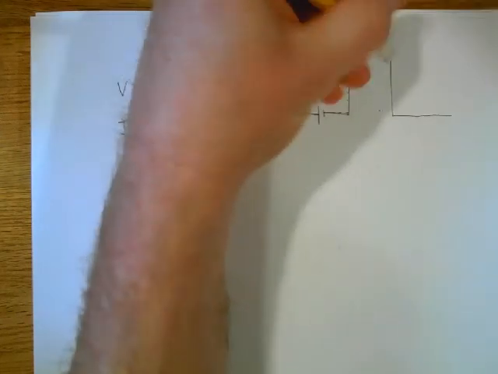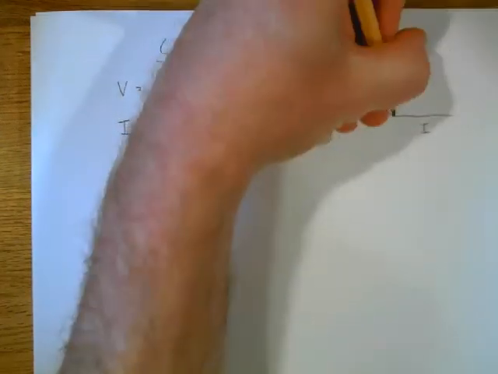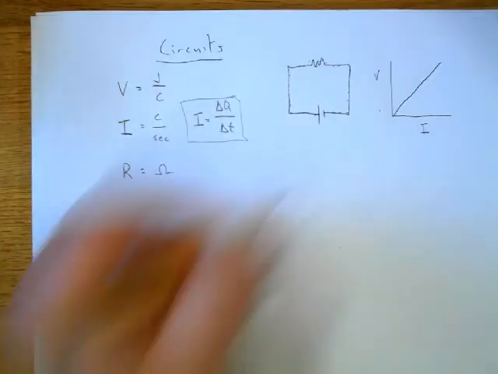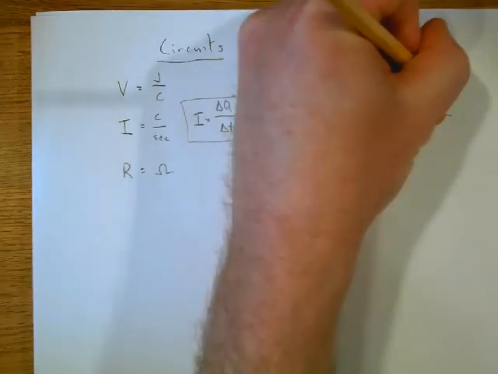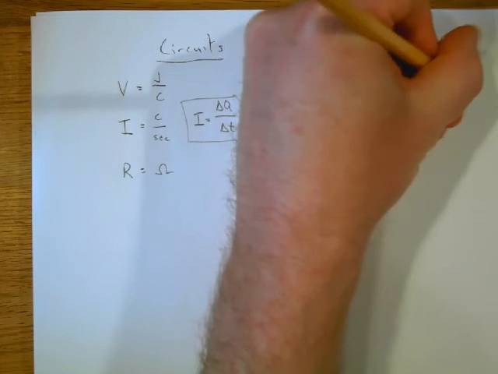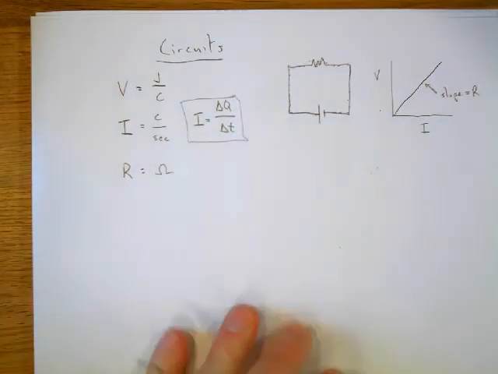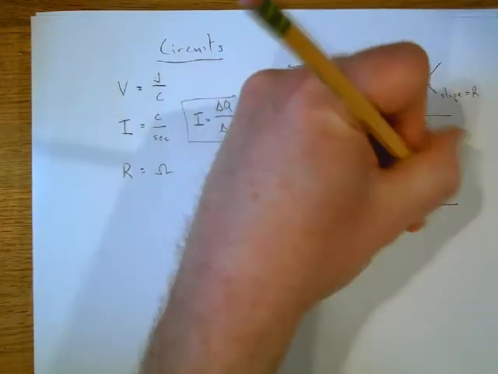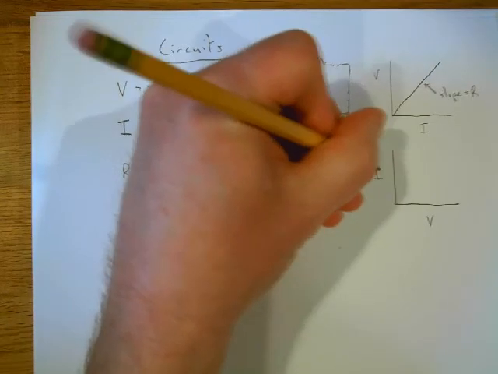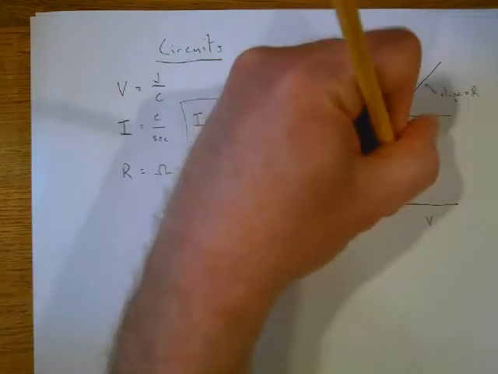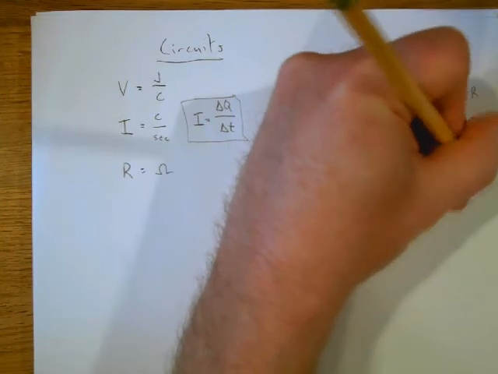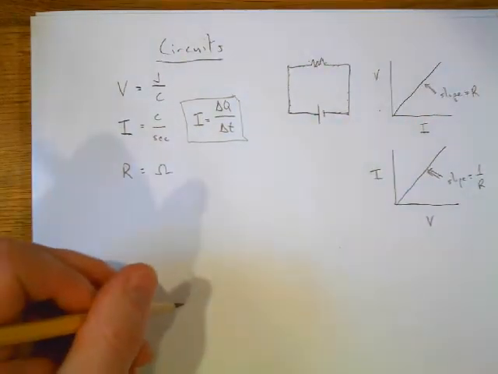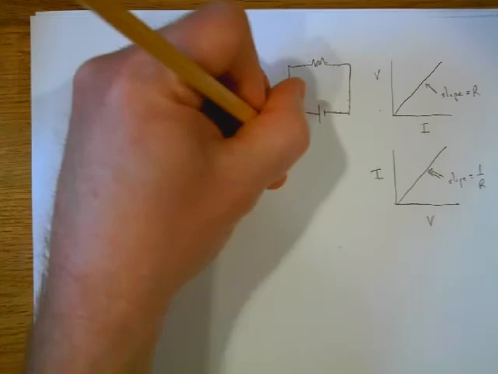If you were to do a lab where you graphed V versus I, you would find, if you changed V and you graph this, you'd get this, and you would find the slope of this would equal R. In reality, your independent variable would be V, your dependent variable would be I, which means your slope actually would be 1 over the resistance, which gives you your Ohm's law equation.